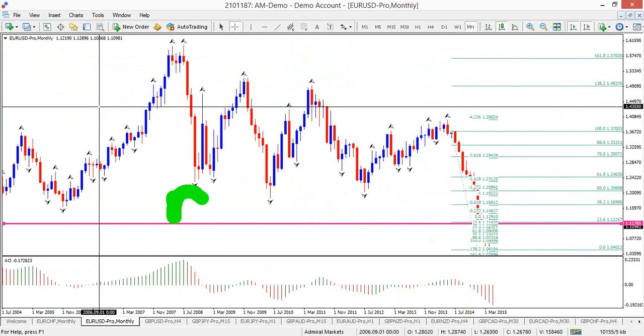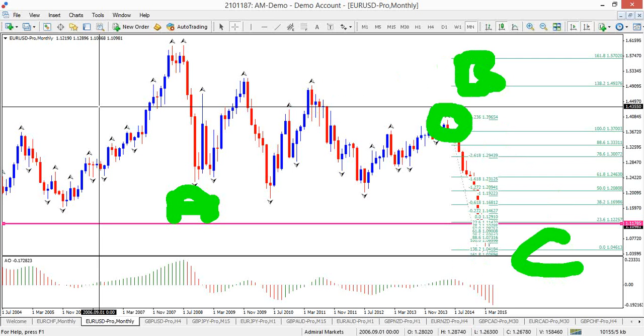I remember A, B, C, indeed. Didn't make a lower low from the bigger wave. The B is at this point here, right?